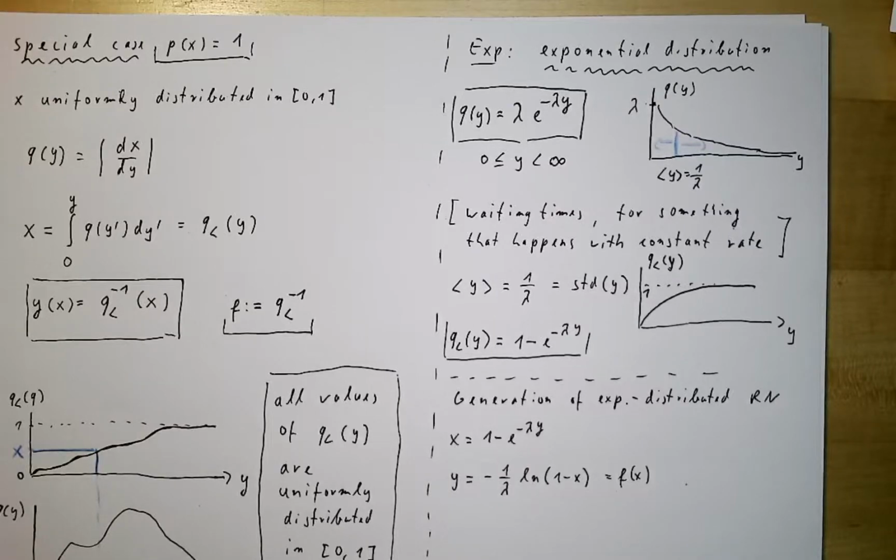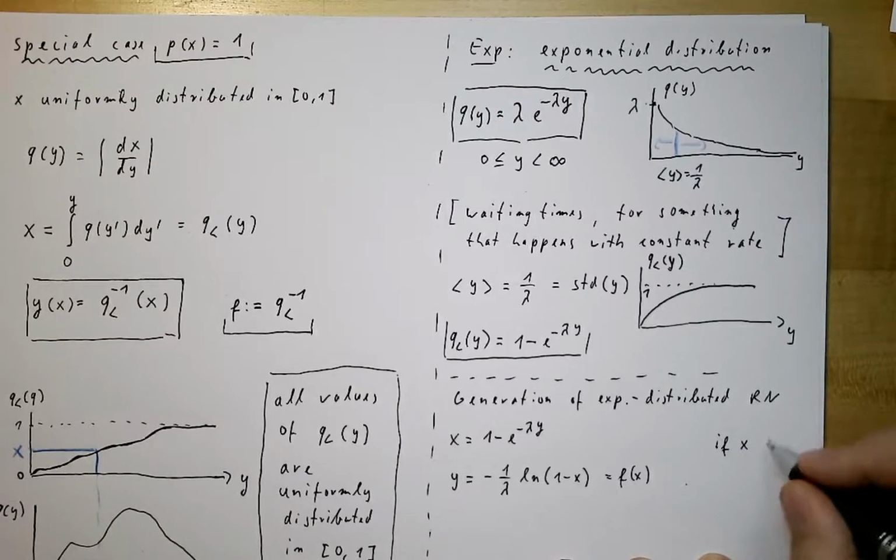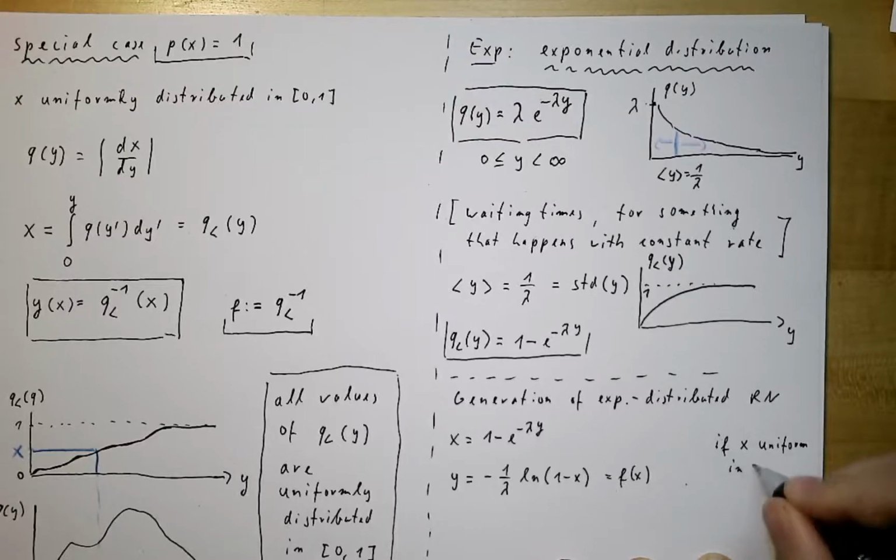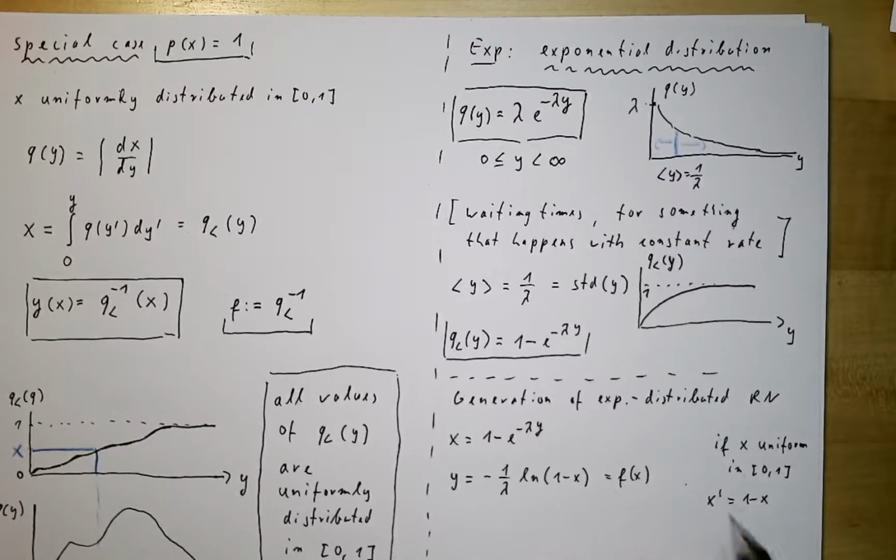And now a small trick. If x is uniform between 0 and 1, then x bar equals 1 minus x. This variable is also uniformly distributed between 0 and 1.